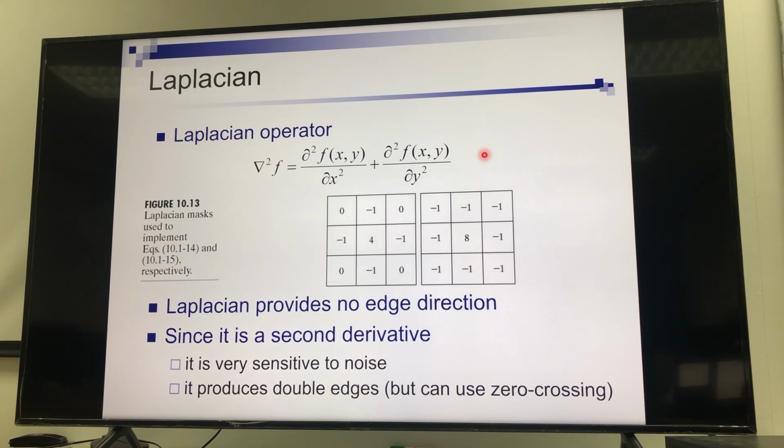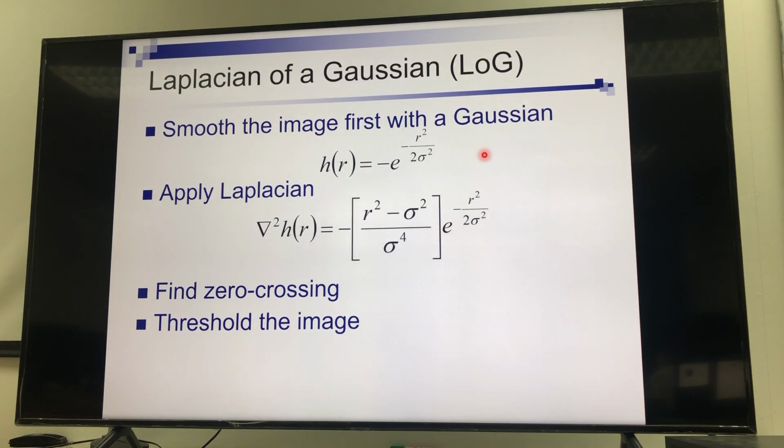So before finding the second derivative, usually we have to get rid of the noise first. What's the best way to get rid of the noise? It could be the Gaussian. So you apply the Gaussian first, and then apply the Laplacian next.